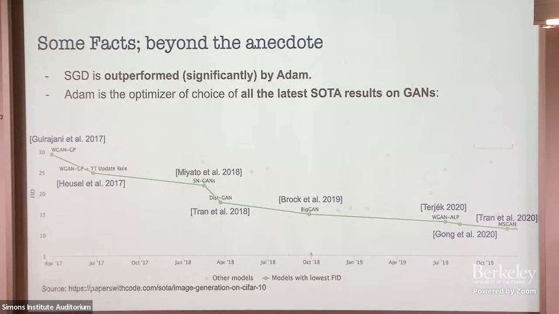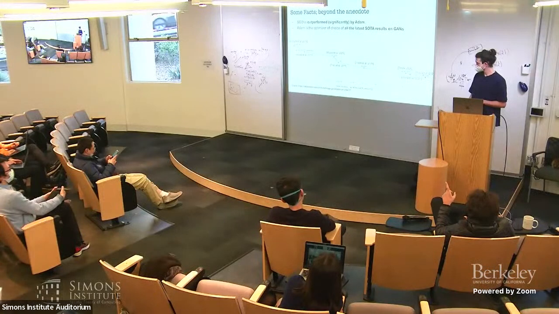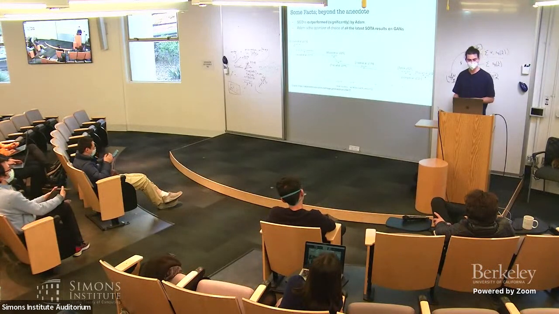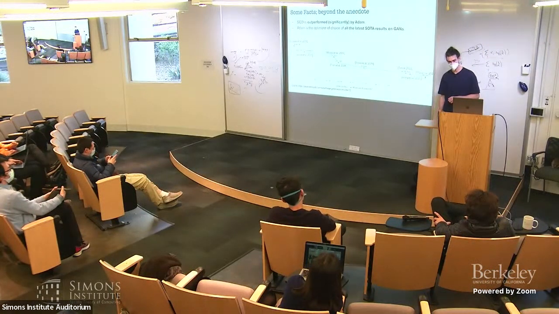The x-axis is the time. And so there is the WGAN-GP paper, spectral normalization, BigGAN, for instance, and some other improvements on the CIFAR-10 dataset. They use Adam, but they changed the formulation of the GAN, they improved the architecture. But in terms of optimizer, it always has been Adam that was used for that training.